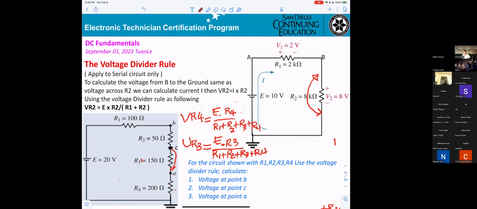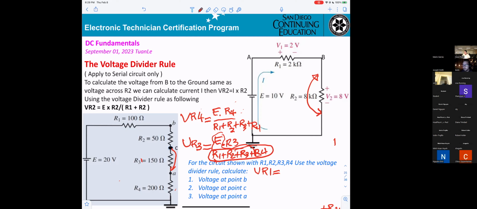Exactly. The thing is, VR3 will be I times R3. I mean E divided by the total. And now if I say I want VR1, it will be equal to what?